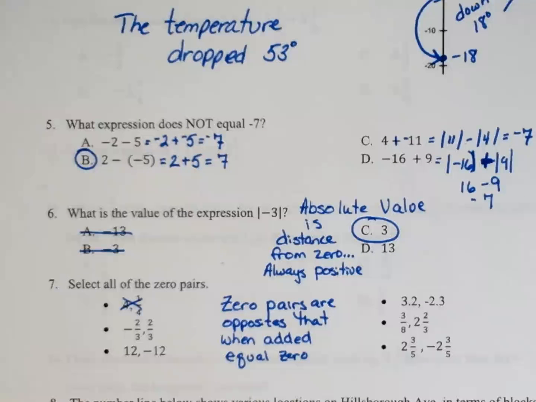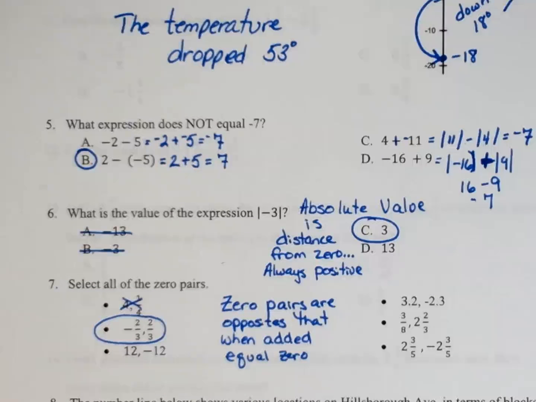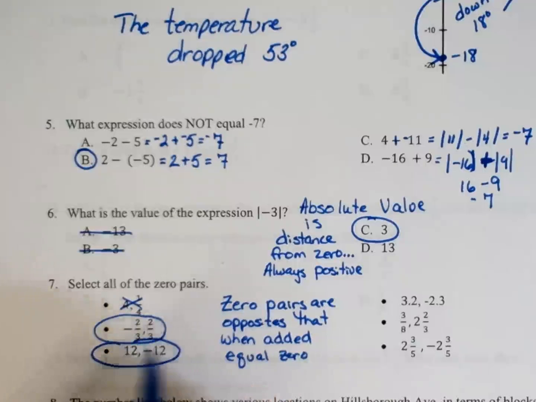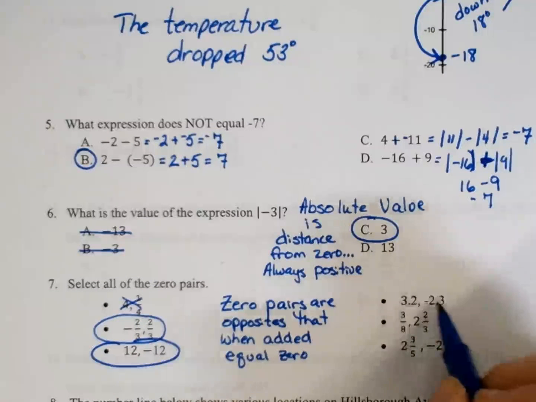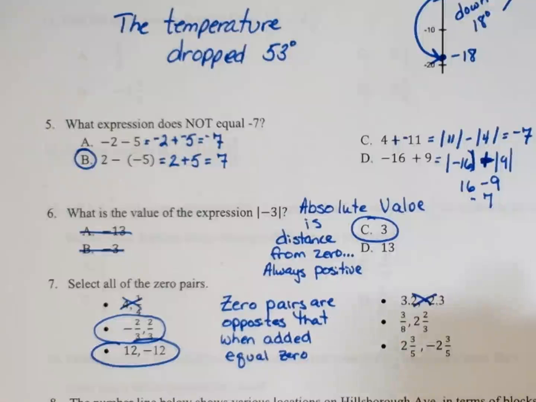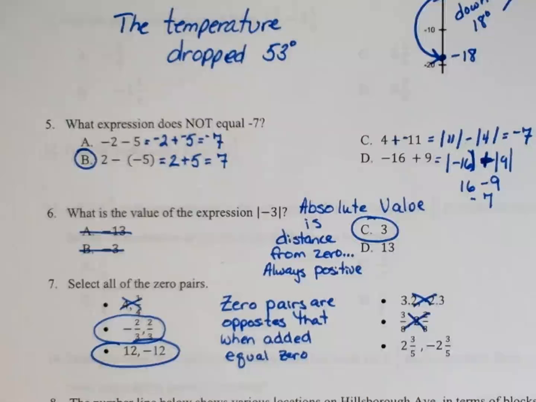Negative 2/3 and 2/3. Yep, if I add those together, I'm going to get 0. 12 and negative 12. Yep. 3.2 and negative 2.3. Nope, that's not a zero pair. 3/8 and 2 2/3. Nope, that's not a zero pair.